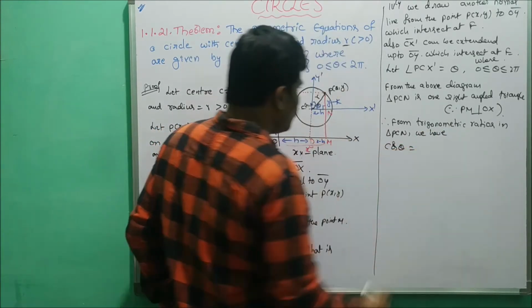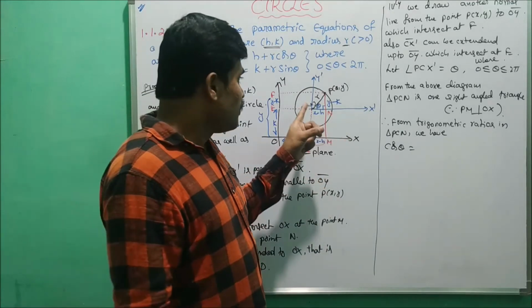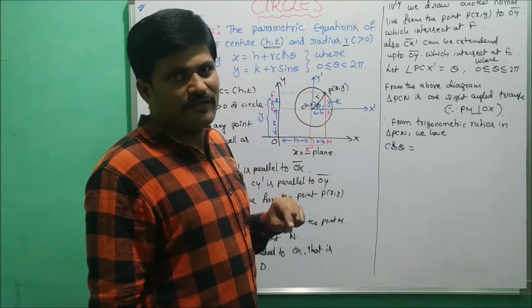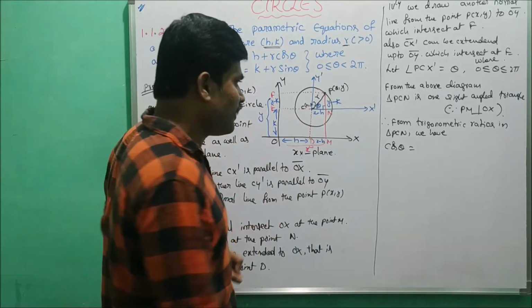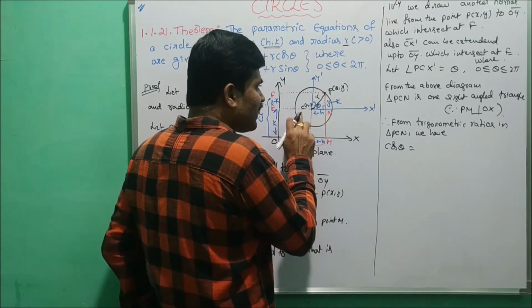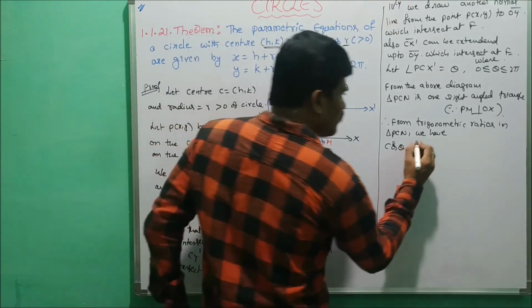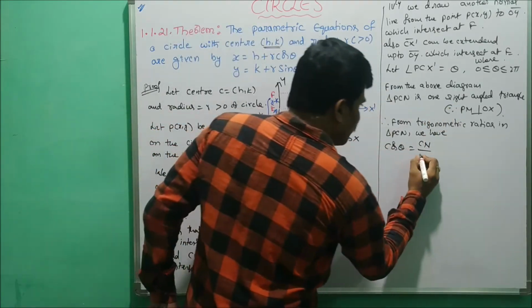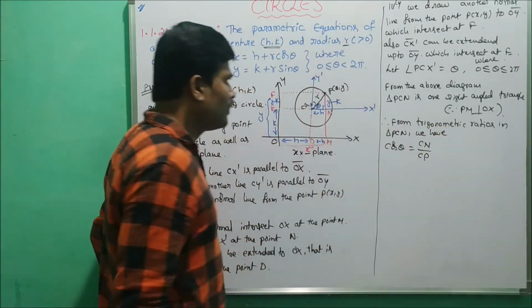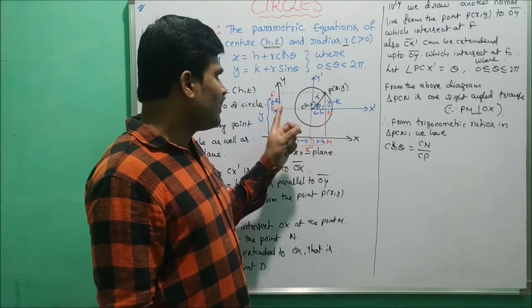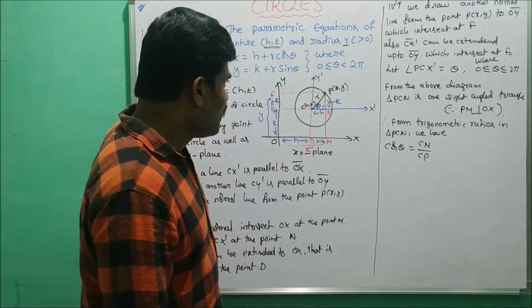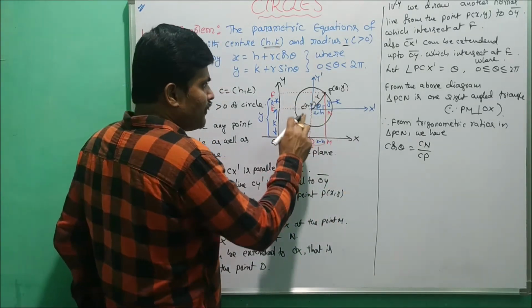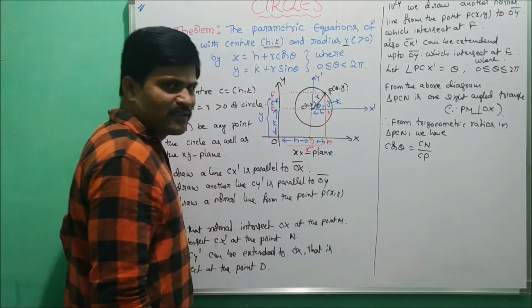Cos theta equals adjacent side by hypotenuse. Here adjacent side is clearly CN, hypotenuse is CP. From this diagram, CN is always equal to x minus h.